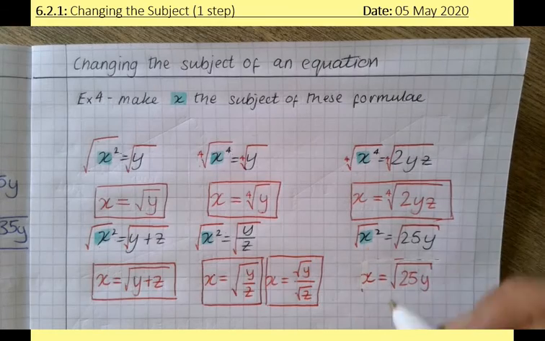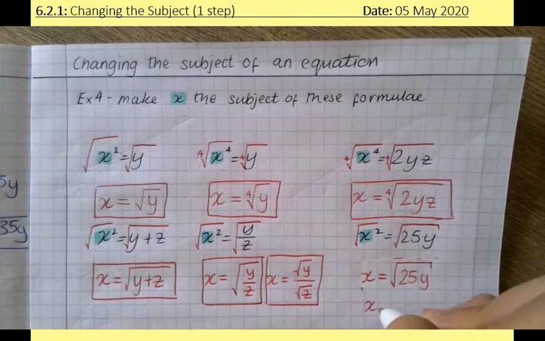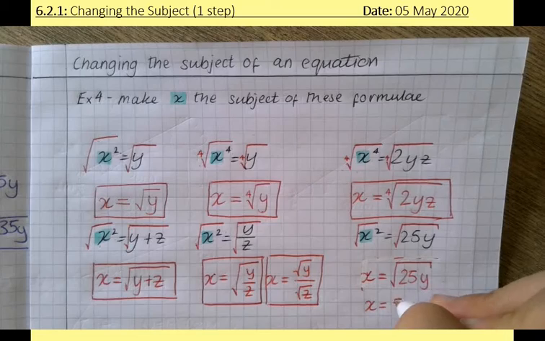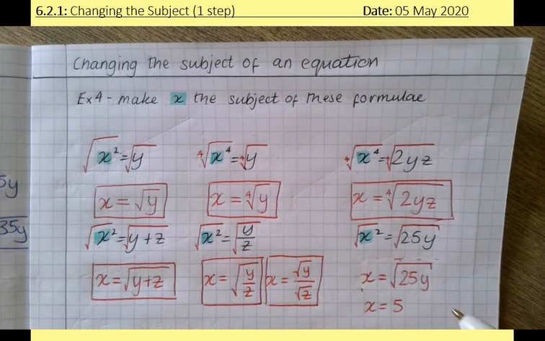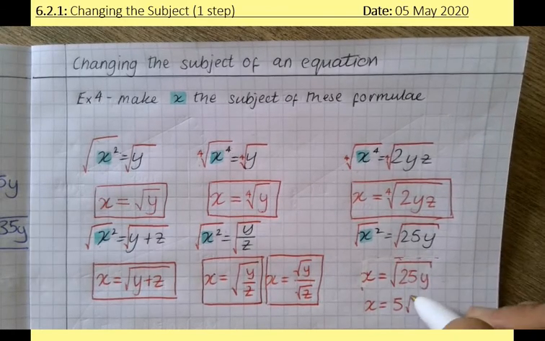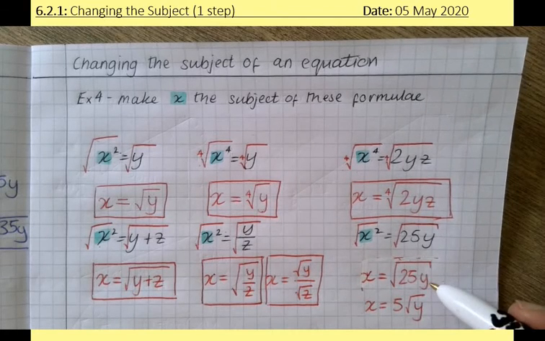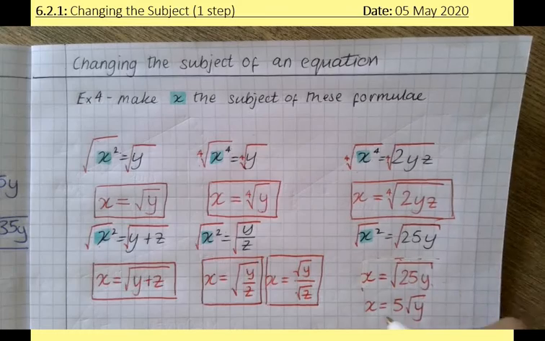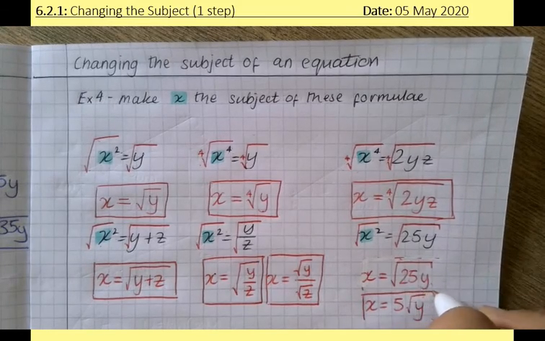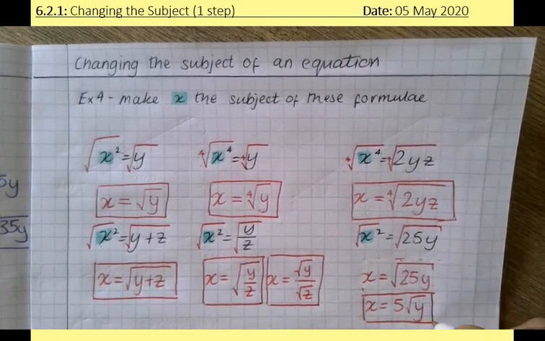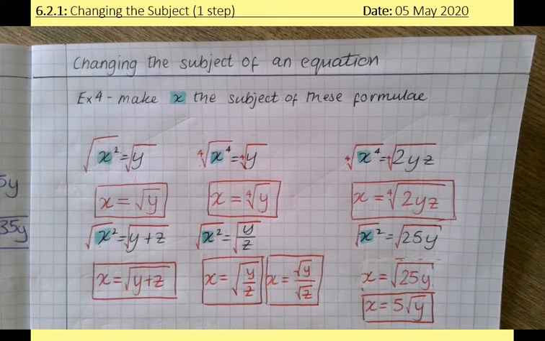So I should be writing it as x equals 5 root y, because the square root of 25 is 5. I don't know what the square root of y is, so I have to leave it. But I do know what the square root of 25 is, so leaving it like that is much, much better.